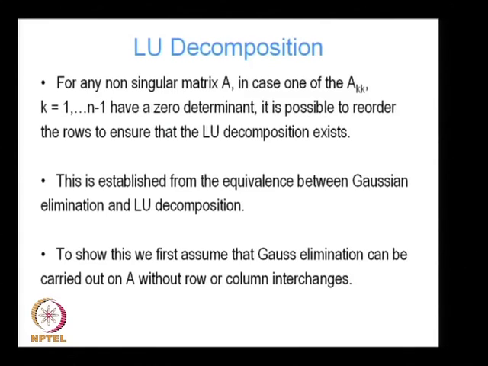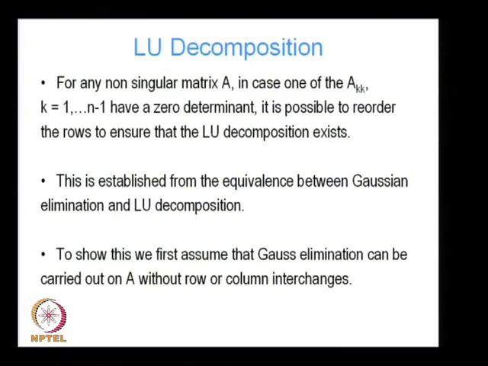So, basically what we are saying is that if we take a matrix A, n by n, and we can perform Gaussian elimination on that matrix without performing any row or column interchanges, in that case it is possible to recover the LU decomposition of A with just a minor modification.